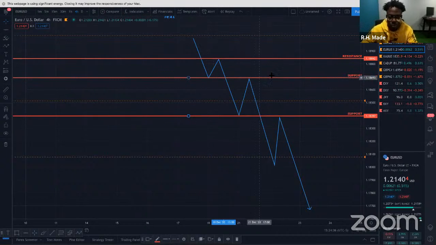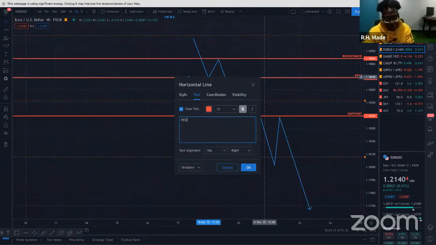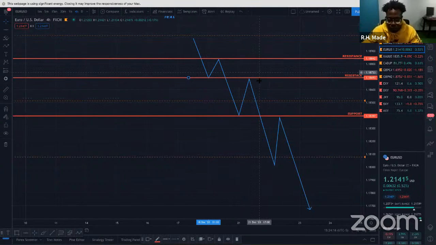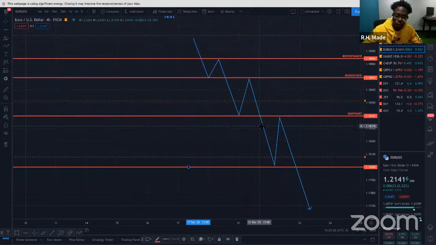Now what was once support was broken, came back up, and now it's retesting it as a resistance. So a new resistance was created. All right. Comes back down, breaks that support, comes back up. New resistance right here. What was once broken became a resistance because it came back and retested.